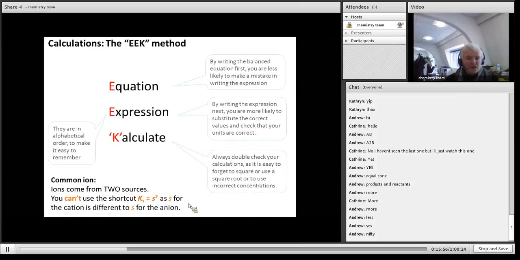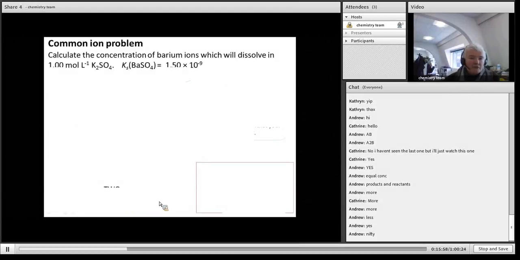So here's an example. Calculate the concentration of barium ions which will dissolve in 1 mole per liter of potassium sulfate. Now remember in the last lesson I said if you know your solubility rules, it makes things so much easier because you'll know immediately, barium sulfate is insoluble, I've got to calculate for barium sulfate.